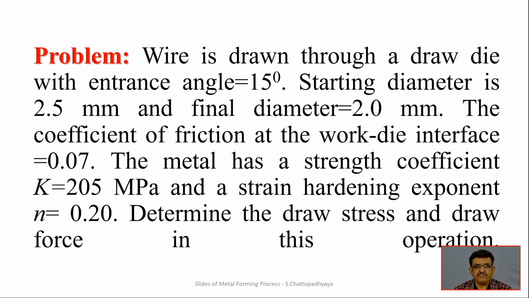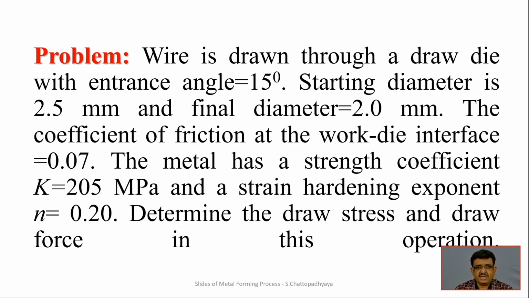That means a 2.5 millimeter diameter wire will be converted through this die to a final diameter of 2.0 millimeter. The coefficient of friction is important because it will determine the flowability of the material. The coefficient of friction at the work-die interface is 0.07, and that is a determining factor in the process.